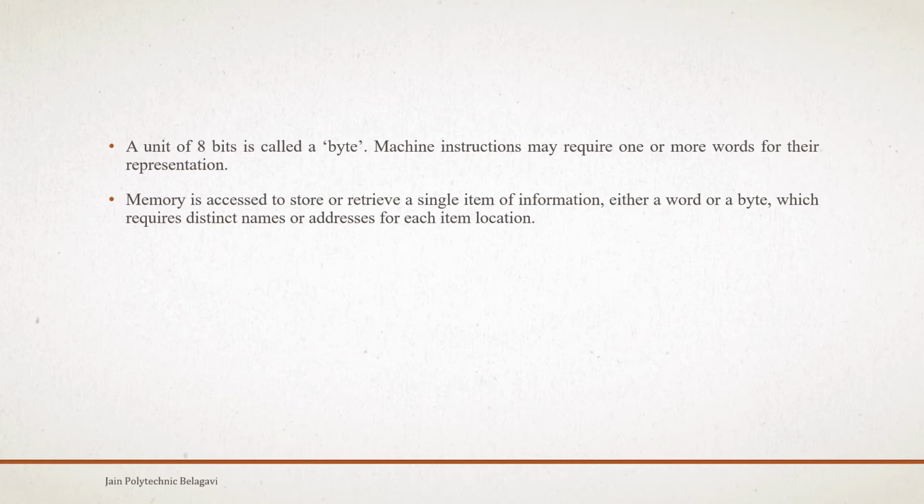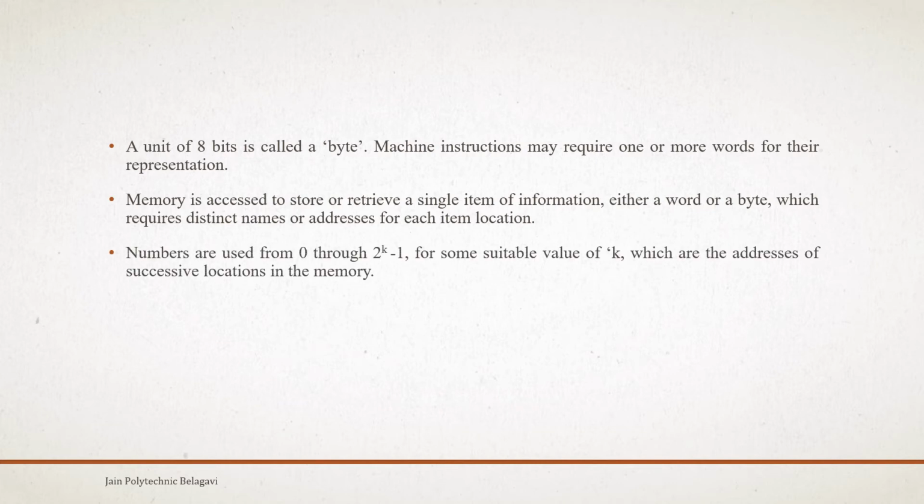Whatever information is stored will be fetched from the memory either in the form of a word or a byte. There may be a number of words or bytes, so accessing them requires different addresses for different words.